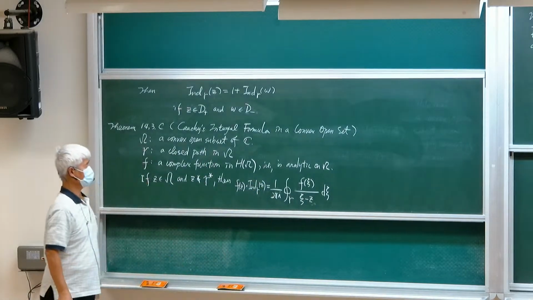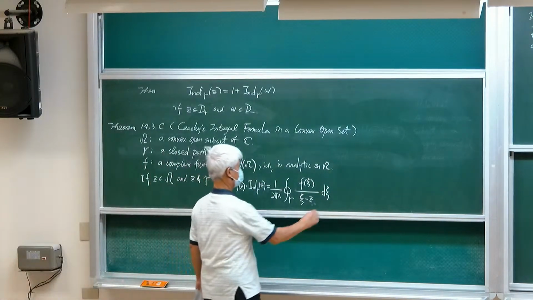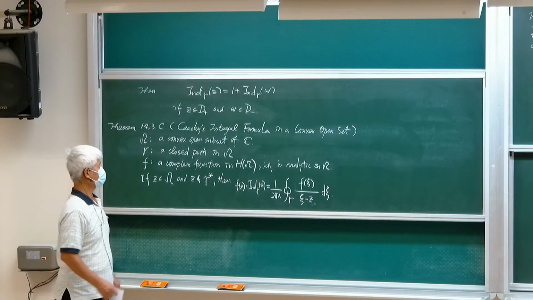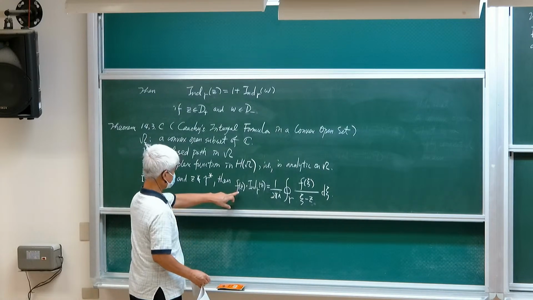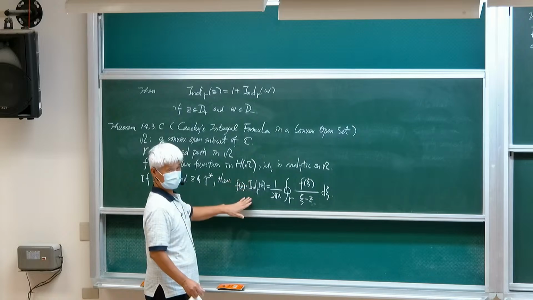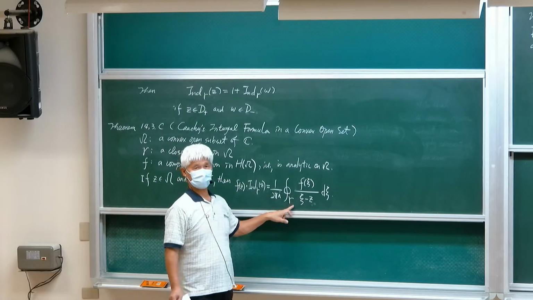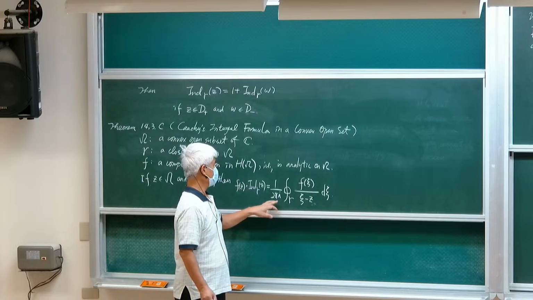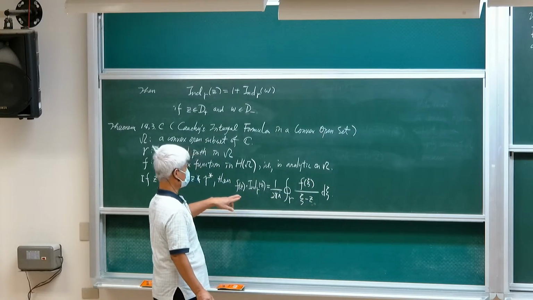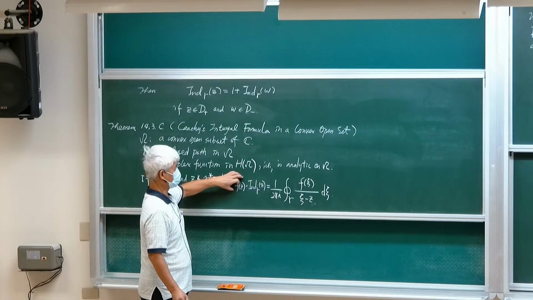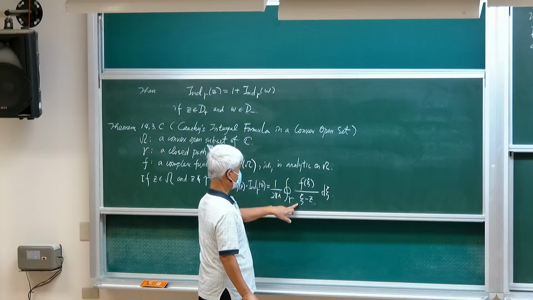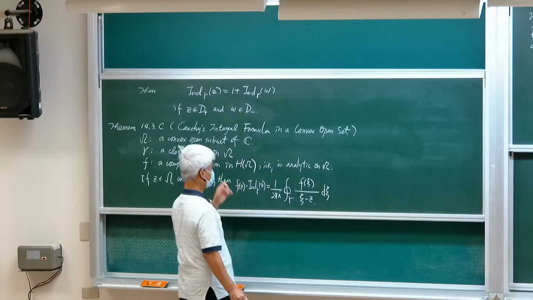Okay, so we have this formula. So this analytic function multiplied with the index of z can be expressed as a line integral. Okay, and the integrand of this line integral is the ratio of the original function to a linear term here.